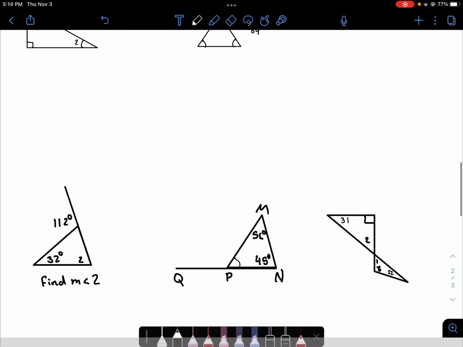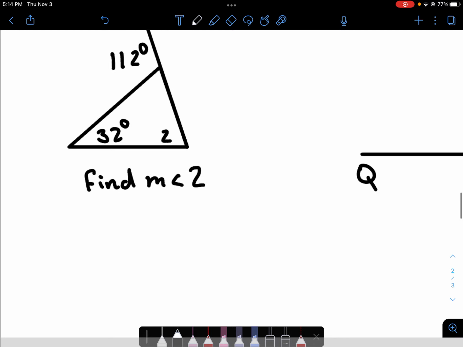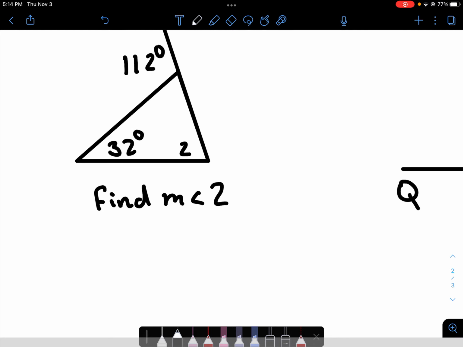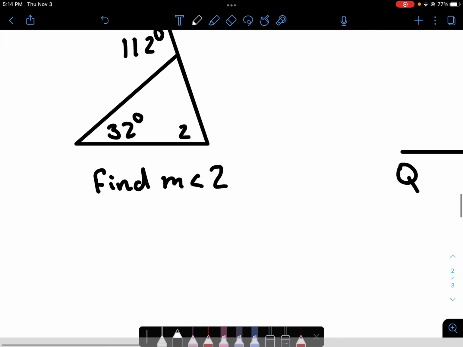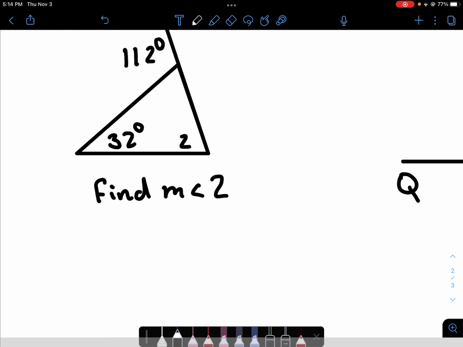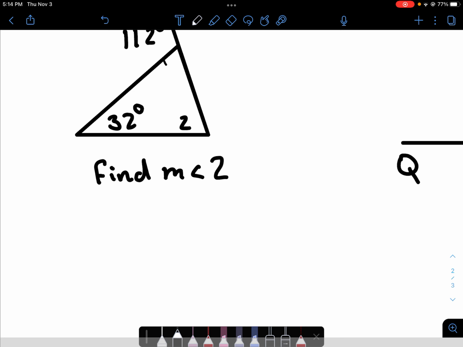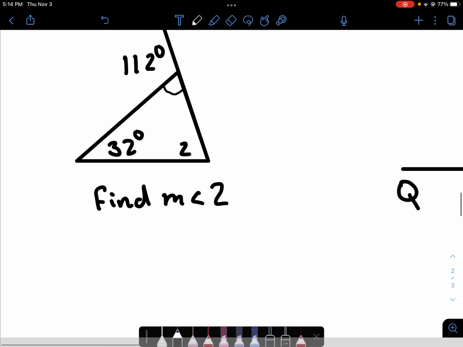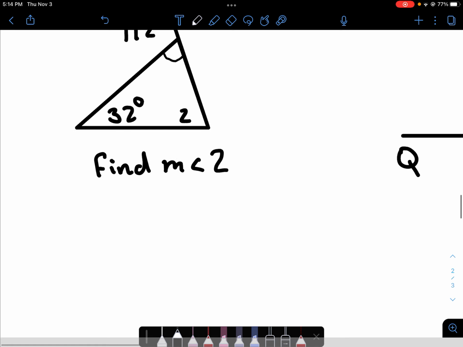So now, we can solve a few problems. For this first one, we're going to apply the exterior angle theorem to find angle 2. Since we know that this angle here plus 112 equals 180, we can first just do 180 minus 112, which equals 68.